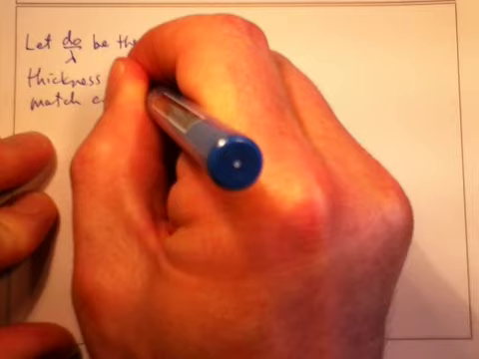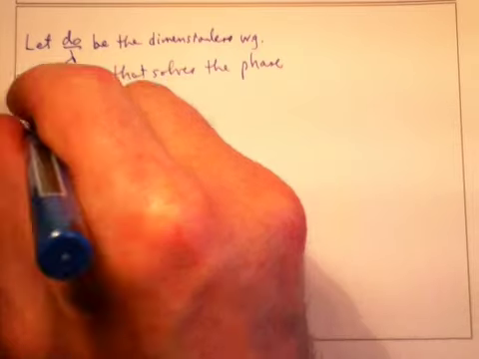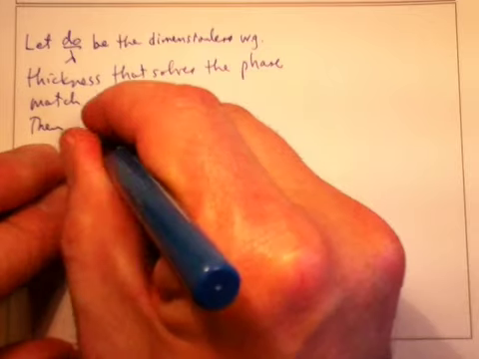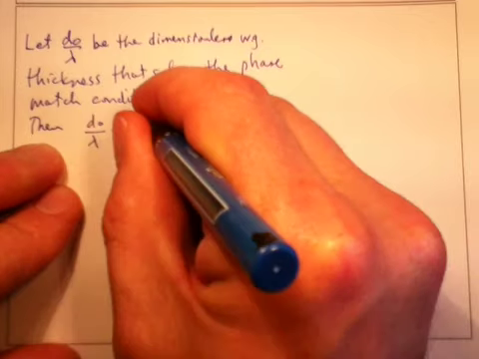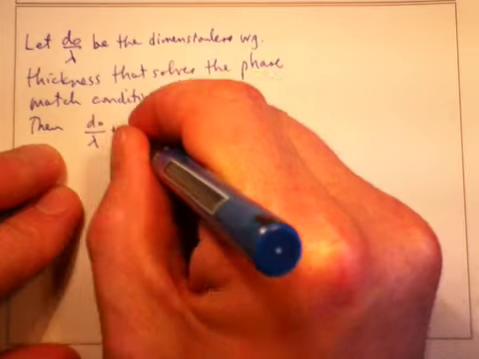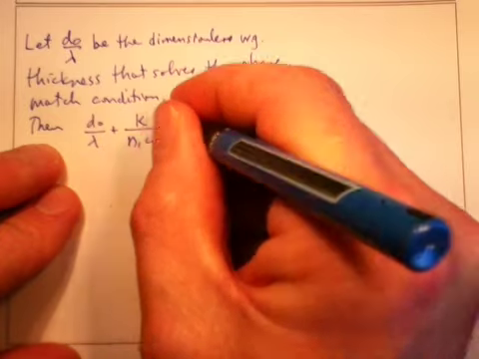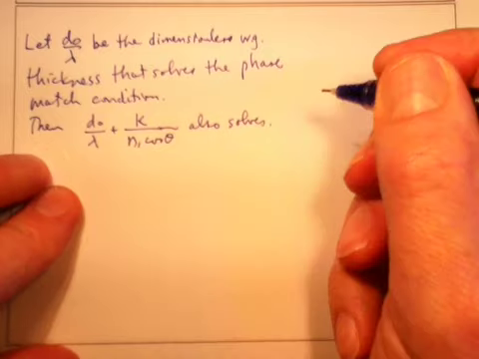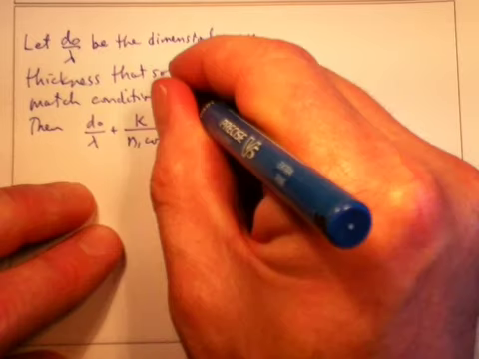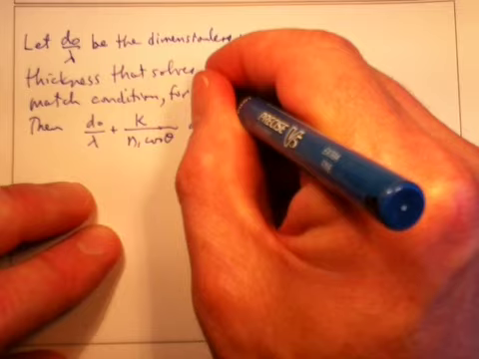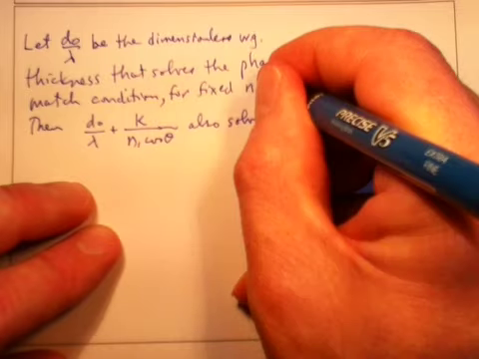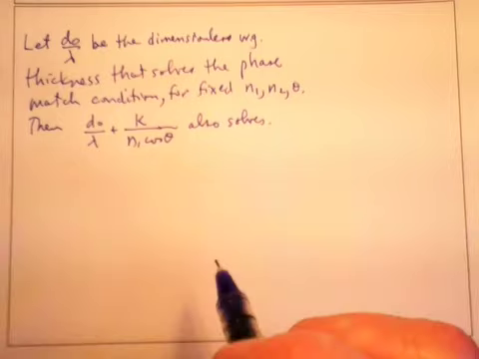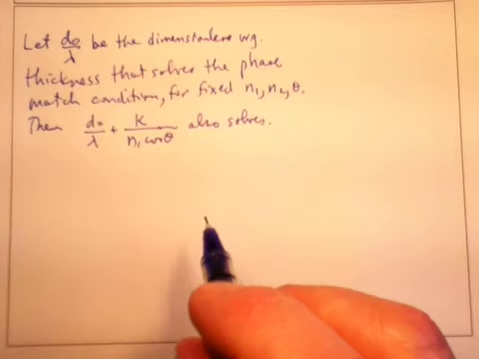Then d naught over lambda plus k all over n1 cosine theta also solves, for fixed n1, n2, and theta.